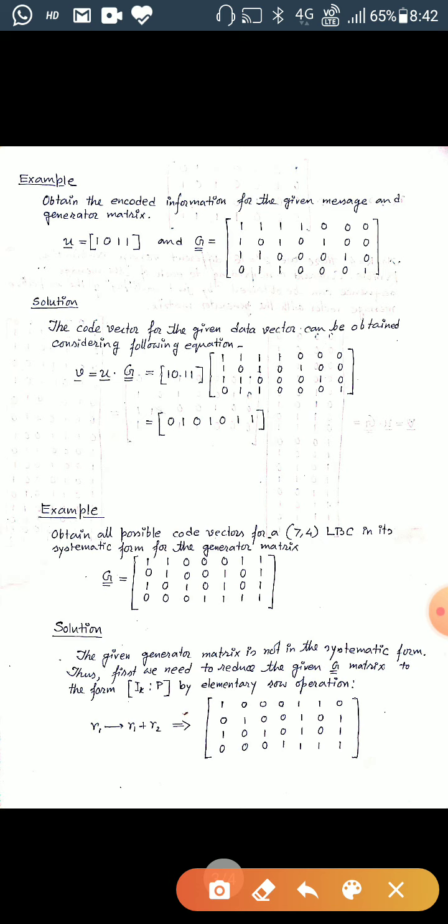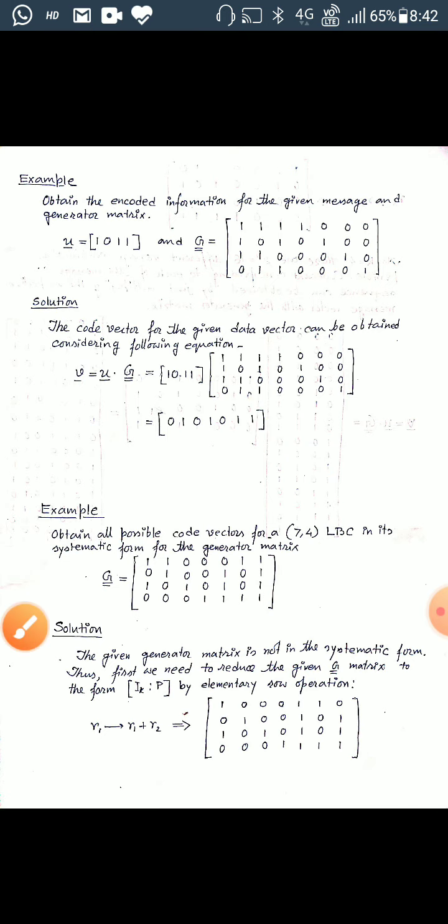Now, for the message signal, because the question says find all possible code vectors for the (7,4) code, here n is 7 and 4 is defined for k. So the message signal is 4 bits. For 4 bits the combinations will be 2 to the power of 4 for the binary case.